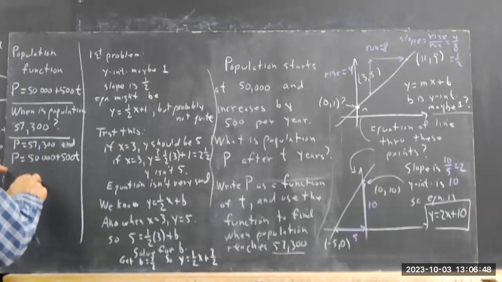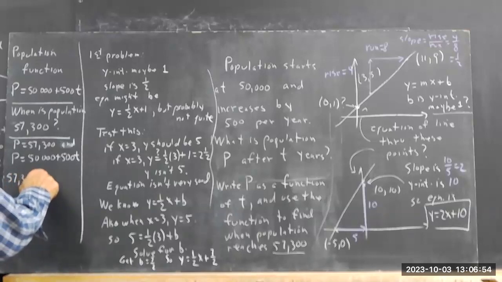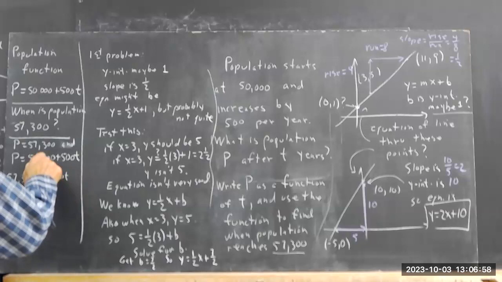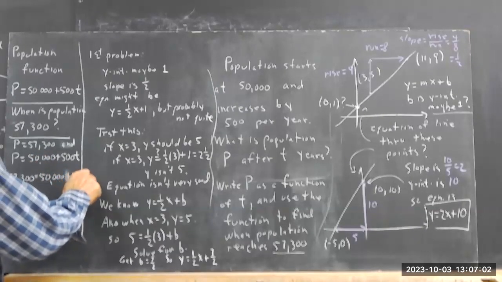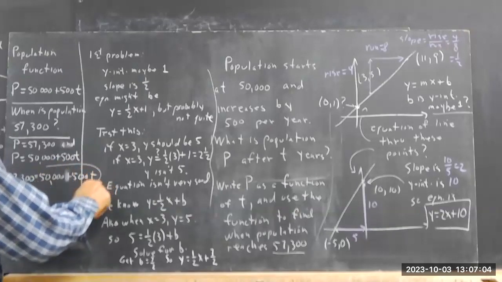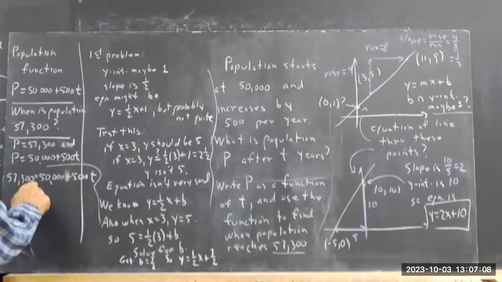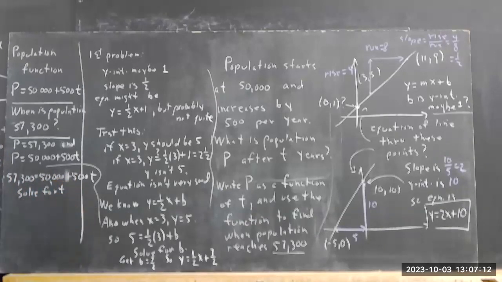Well, P is this and P is this, then 57,300 equals 50,000 plus 500 t. Solve for t.